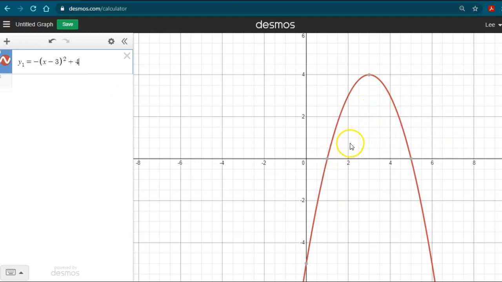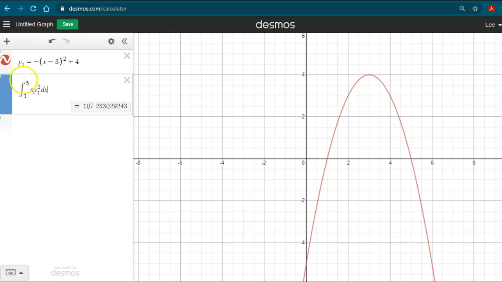That just confirms that's what that function looks like. And then in my integral, 1 to 5, I can use pi times y1 squared dx, and it will go ahead and square whatever I called y1.